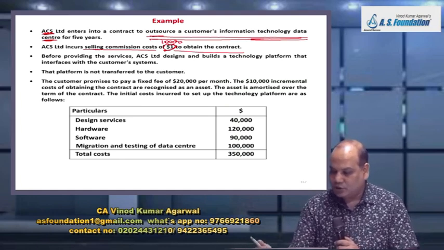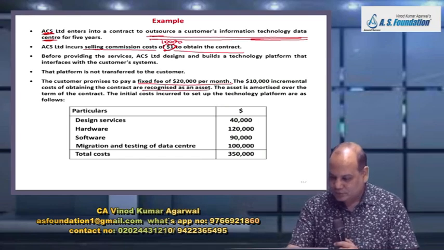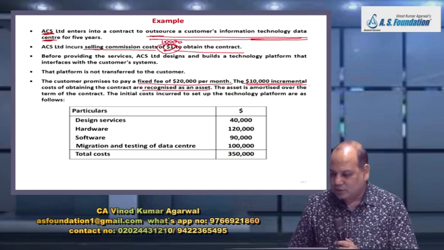So this will be a revenue in future. The $10,000 incremental cost of obtaining the contract is recognized as an asset. As we discussed earlier, this incremental cost can be recognized if it can be recovered. The asset is amortized over the term of the contract.